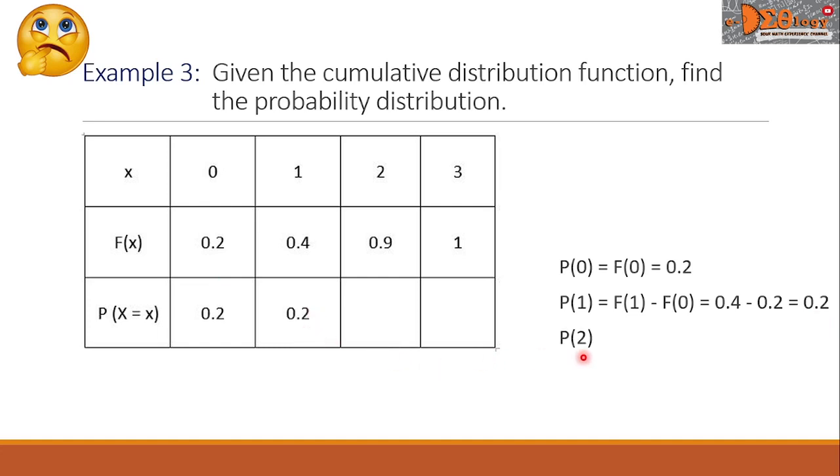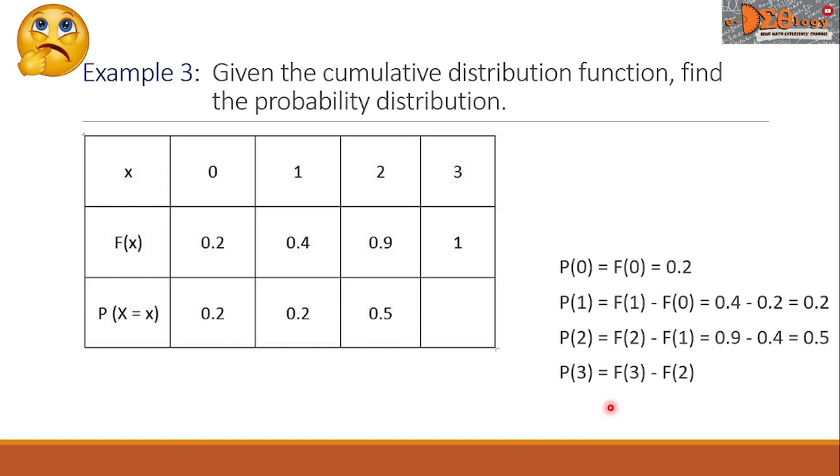For the P of 2, we're going to have this F of 2 minus F of 1, or we say that this 0.9 minus the preceding value 0.4. So we write it here, and the difference is 0.5. We will list it here. The last is for P of 3.